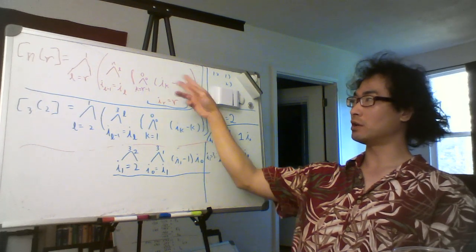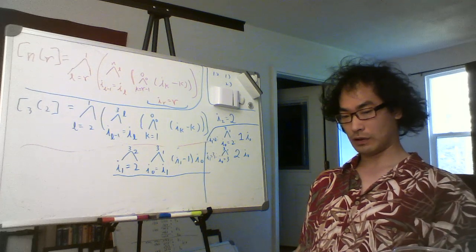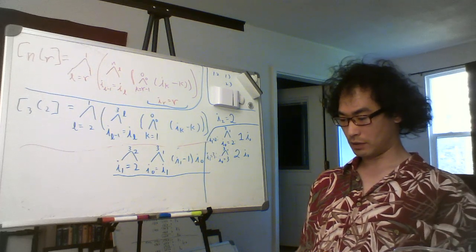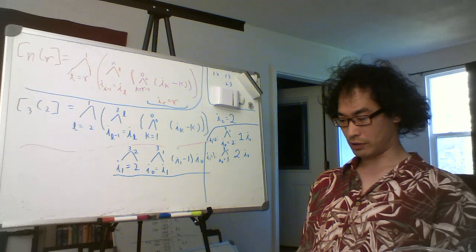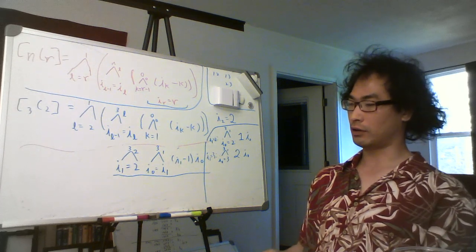We had some ugly version of this, but it's a lot cleaner now. So we are ready to make some comparison, some connection between the two functions. That's what we're going to do after a break. All right, thank you. We'll be back.